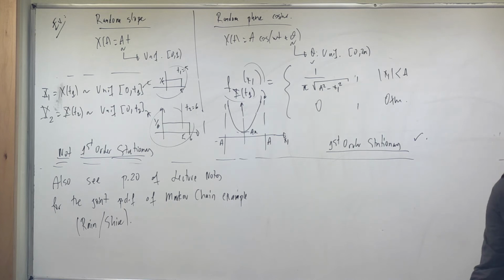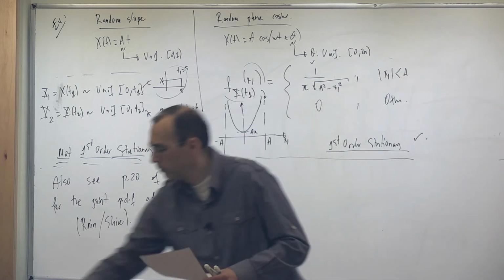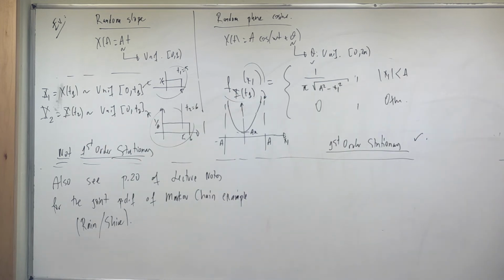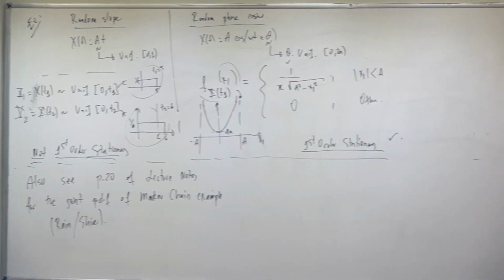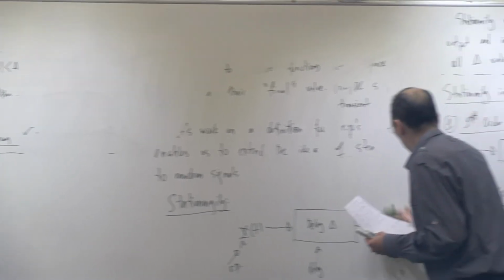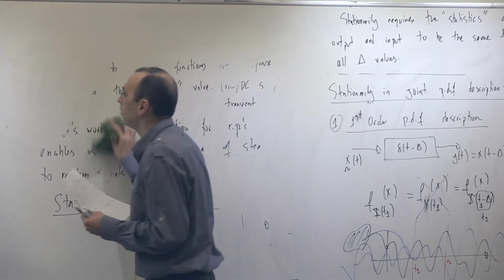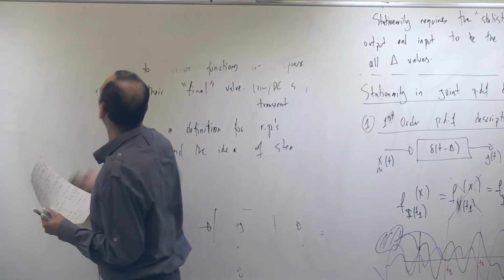This wasn't that difficult. This is again a classification of PDFs according to this kind of property. I see that my earlier example number 1 does not satisfy this property, but the second one, random phase cosine, satisfies it.